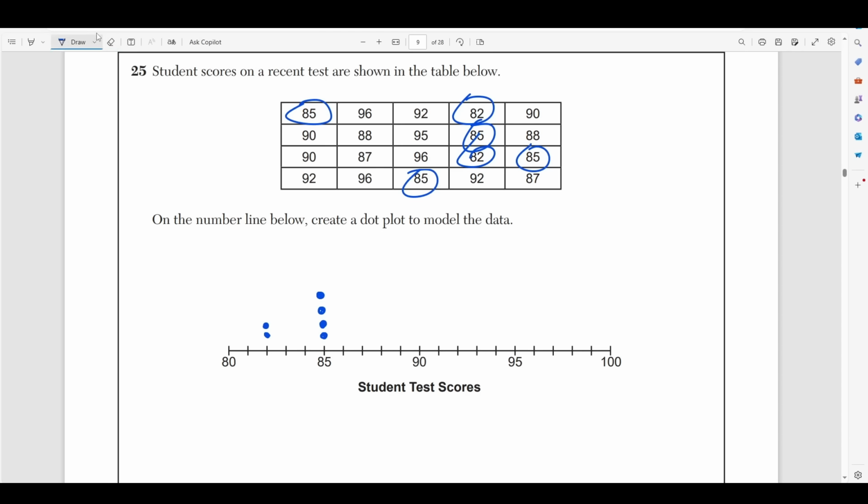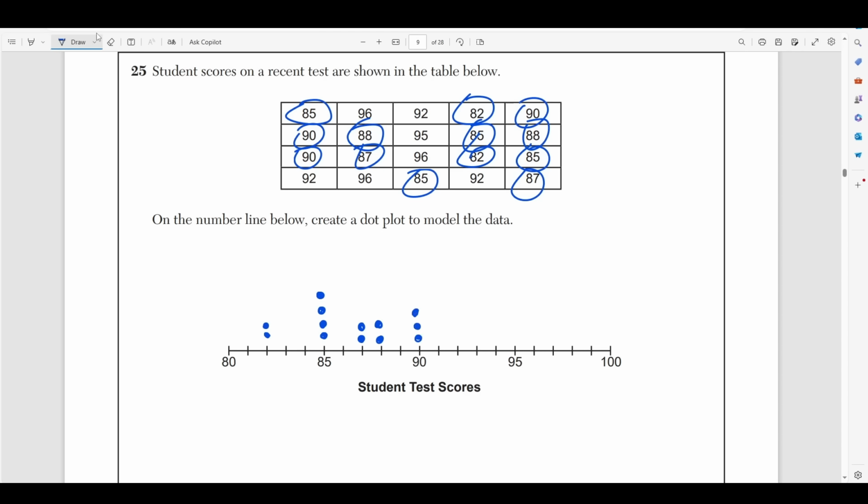So 85, I just said, happened 4 times. 86 happens, how many times? No times. 87 happens 1, 2, so 2 times, so 1, 2. 88 happens 1, 2, so 2 times, so 1, 2. 89 doesn't happen. 90 does happen. 90 happens 1, 2, 3 times, so there's 3 instances of 90.